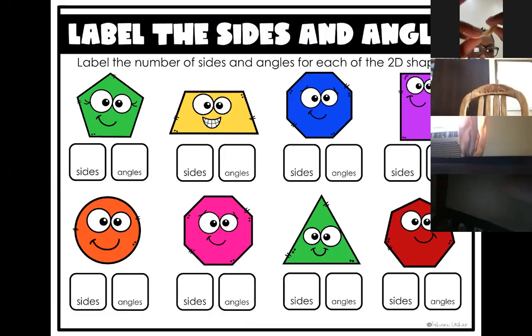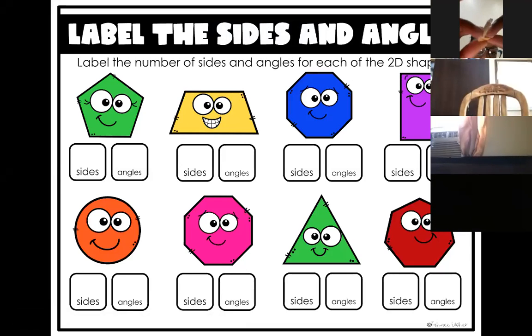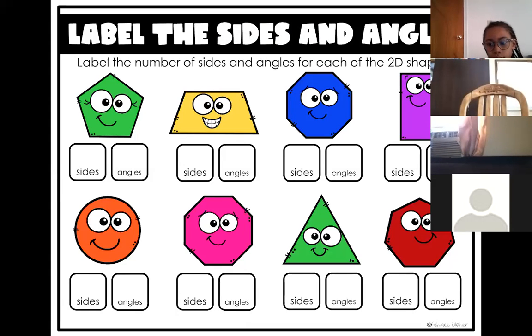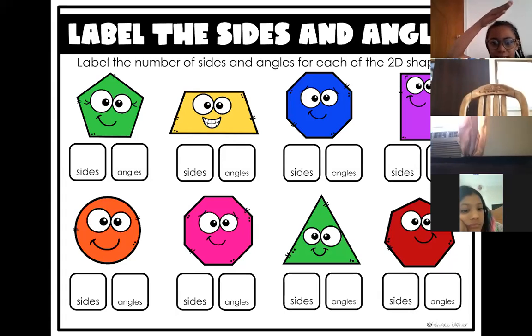What's the side of a shape? A side of a shape is like a side that is pointy, I think, right?